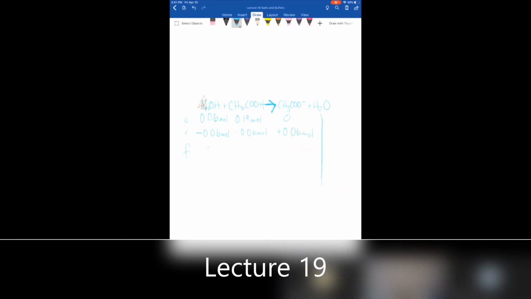That's all used up. And then now you have your buffer concentrations. No, you don't have that yet. Sorry, you have the moles. That's all I'm trying to say.